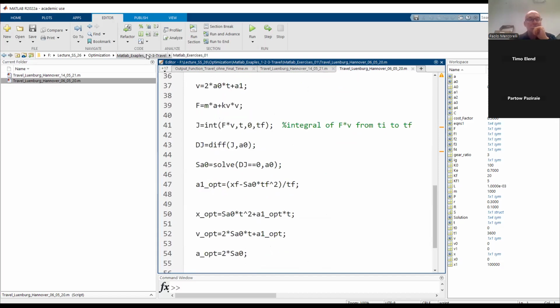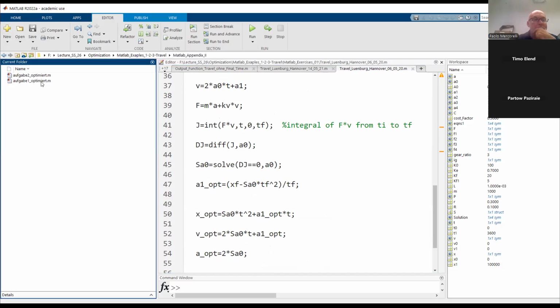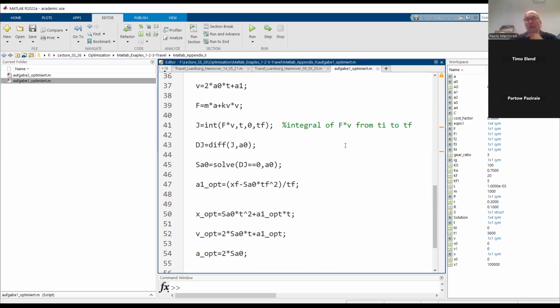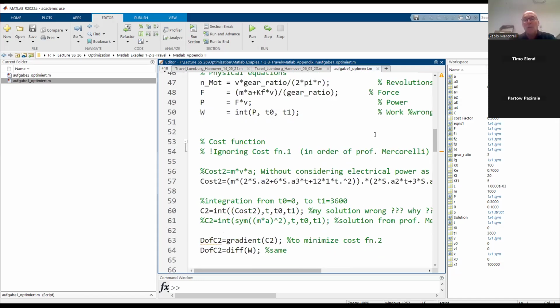It's not this one. I'm looking for the software. Okay. Now I think I found it. Yeah. This is the right one. I mean, also the other one was not wrong.